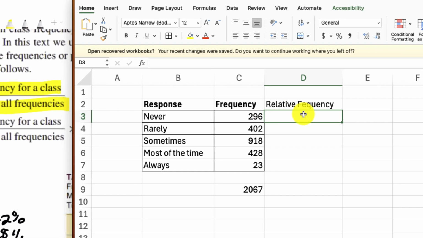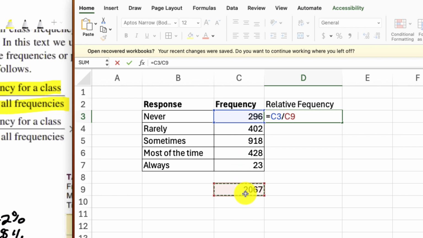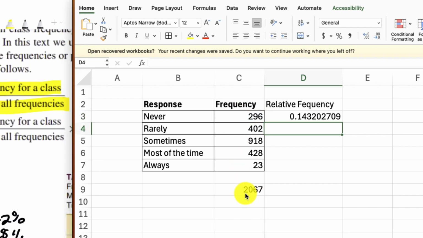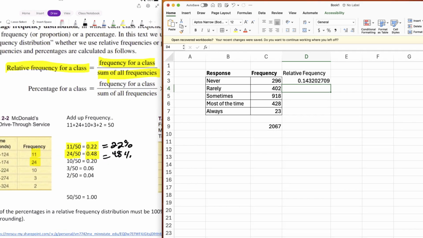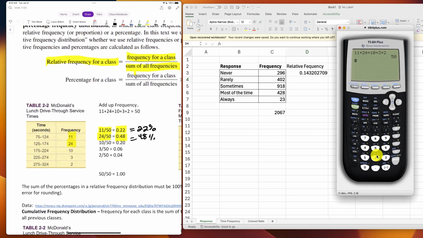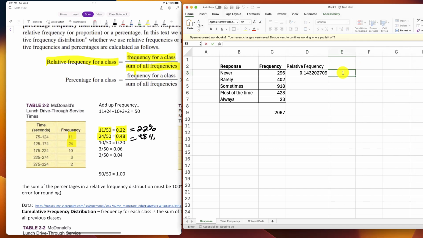So equals, the frequency is this cell, I click it, divided by the sum, this cell, and hit enter. 14%, that's 296, just to confirm, divided by 2067. 14.32%.